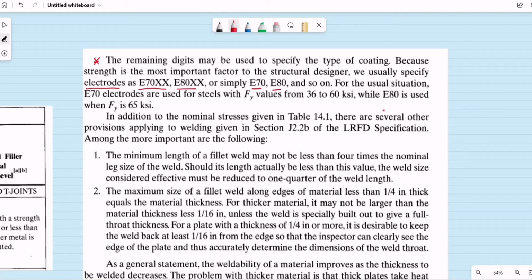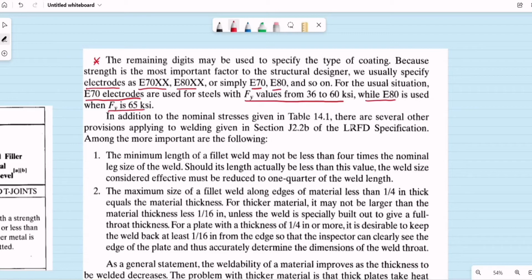For the usual situation, we are using E70 electrodes for steels with Fy values of 36 to 60 KSI, while we have E80 for steel with Fy equal to 65 kips per square inch.